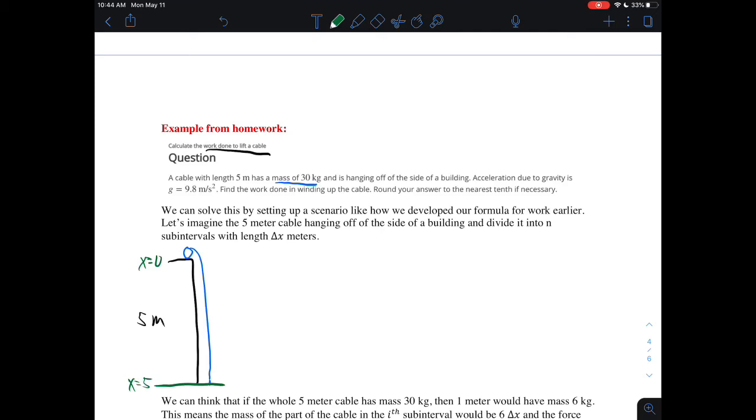And I'm just going to choose some x point, let's say here, and that's again our x sub i star. And we're going to think, all right, what would it take for me to lift the cable from that point just up a distance of delta x? So we're going to divide it into n subintervals, and each length of the subintervals is delta x meters.